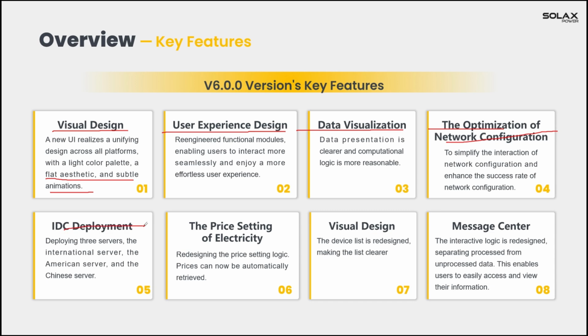Now we got 3 servers: the international server, North American server, and the Chinese server. And as we know, V5 only got one IDC, which brings inconvenience. Now all the customers can choose the corresponding IDC. And we also got the function of price setting of electricity. And even the price can be automatically defined or customized.